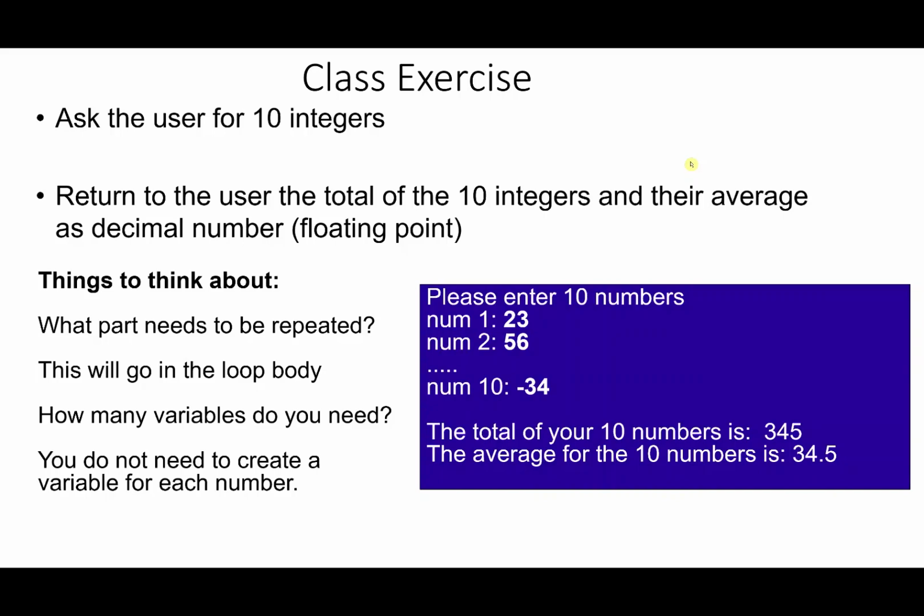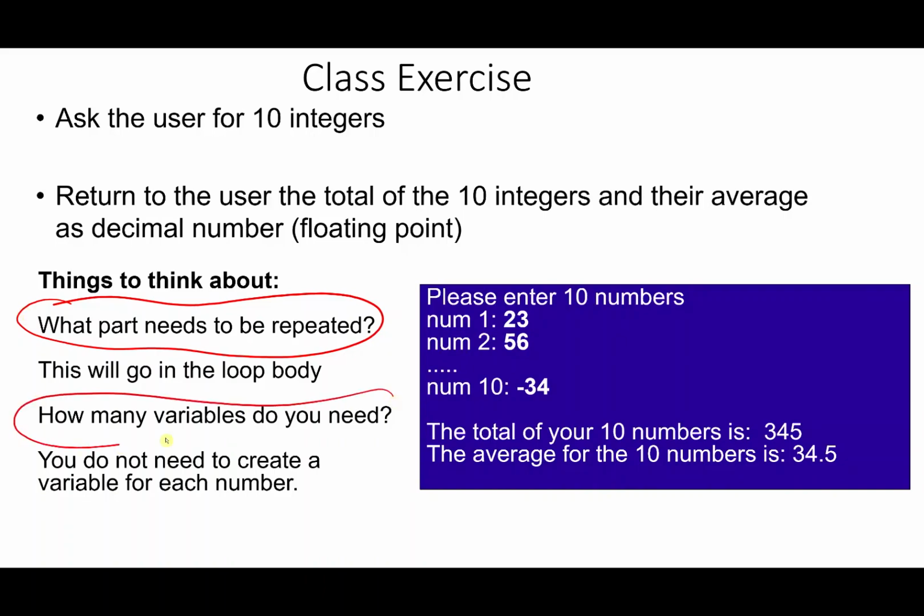Always think of these questions: What part needs to be repeated? This is going to be your code block or part of your code block. How do I update my condition? How many variables are needed?